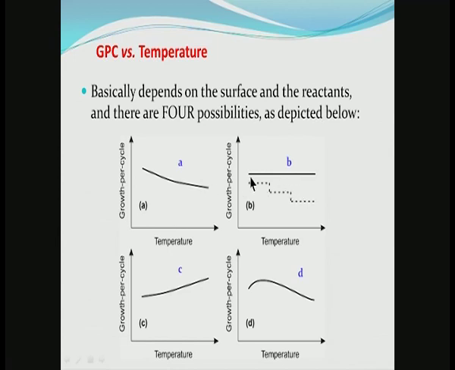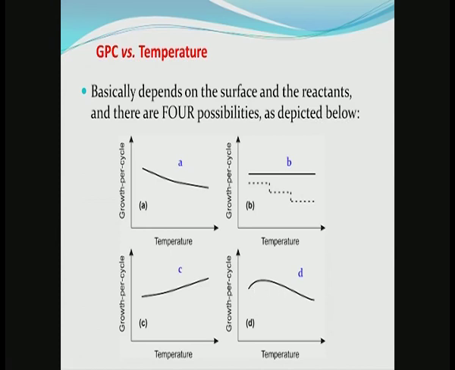In case B, the growth per cycle is independent of temperature, and we can really see that such a process where temperature is not a factor would be really desirable in a practical process. In case C, growth per cycle would increase with temperature, and growth per cycle in D behaves in an odd way, increases and then decreases as a function of temperature.